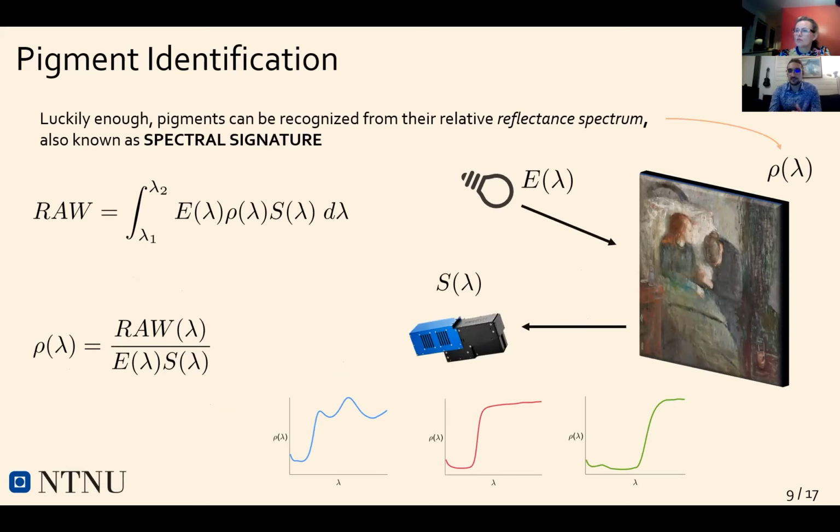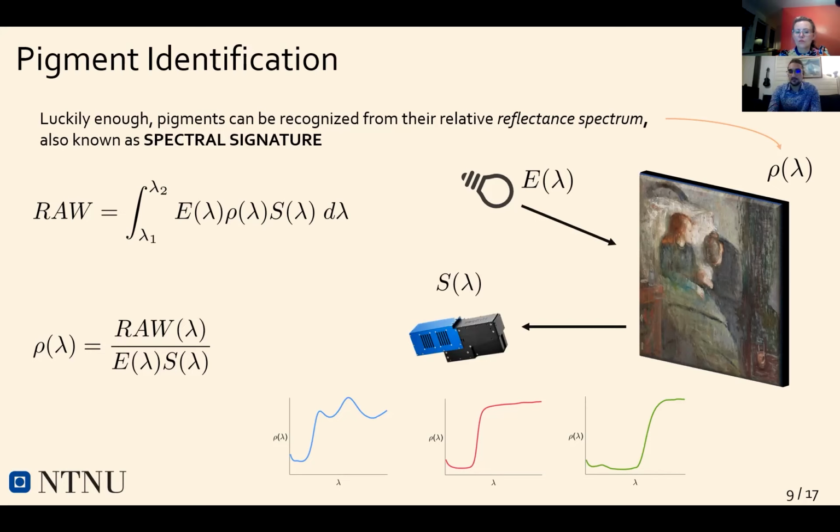So reflectance is a quantity that is material dependent, and you can have this quantity if you have information about the instrument that you're using, and if you have information about the light that is present in the scene, because the light arrives on the painting, it interacts with all the materials, pigments, binding media, and canvas, and then it's reflected to the camera.